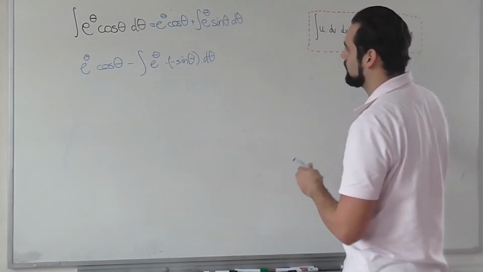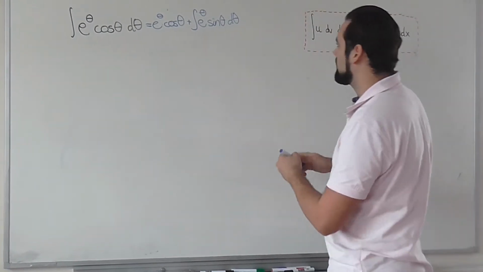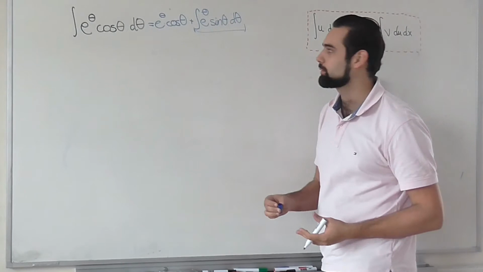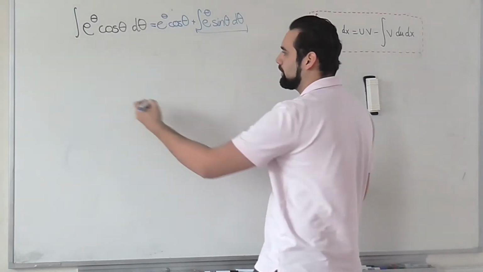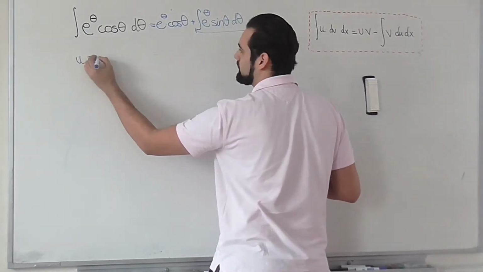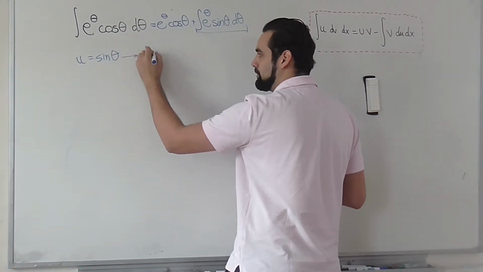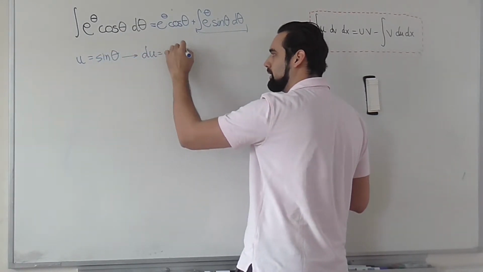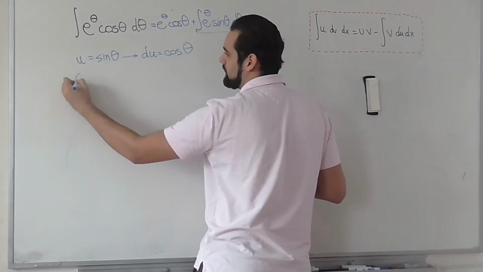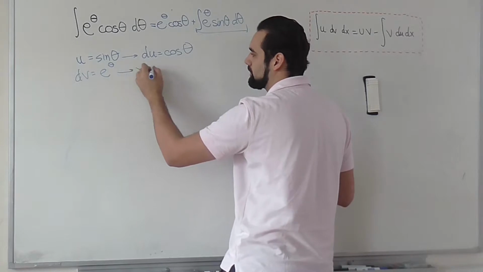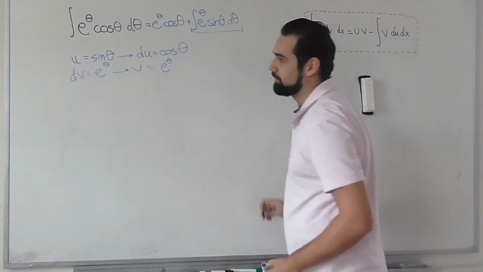And now we are going to take this expression over here and we are going to do the same procedure for integration by parts. So now our u is going to be sine of theta, so then the du is going to be the cosine of theta. So dv is going to be e to the power of theta, therefore its integral is still going to be e to the power of theta.